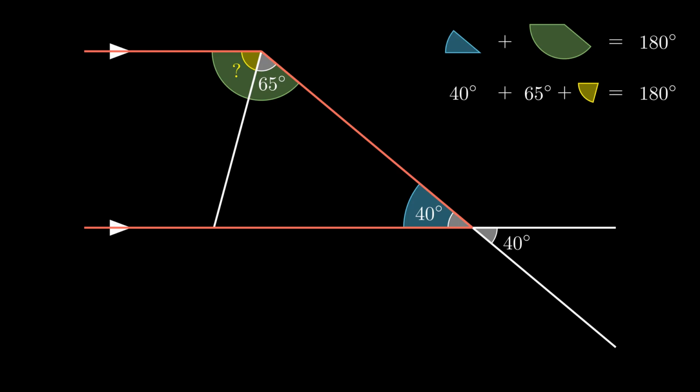Well, we have 40 plus 65, which is 105 degrees. And so what must the missing yellow angle be to make up 180 in total? Or you might be able to just see it, or maybe you'd use a subtraction, but either way, you'd get that it must be 75 degrees there. Why? Because 75 plus the 105 that we know make up exactly 180 degrees.